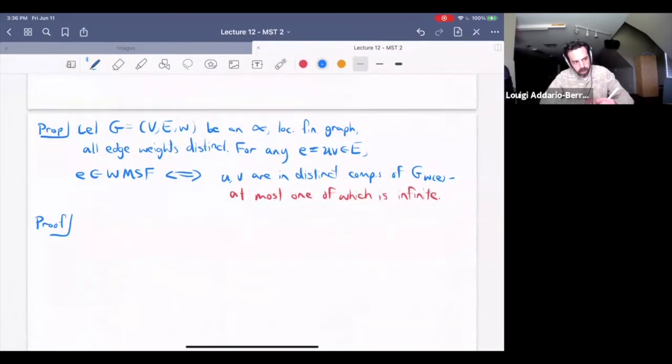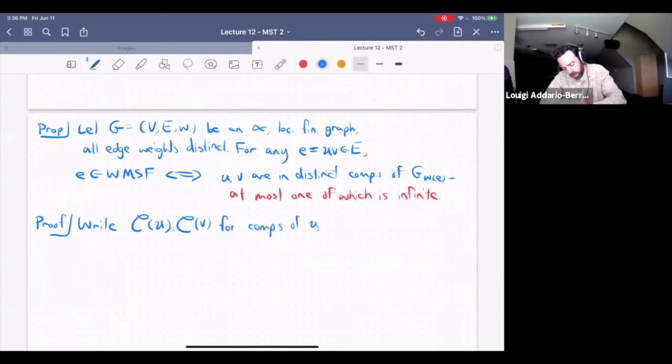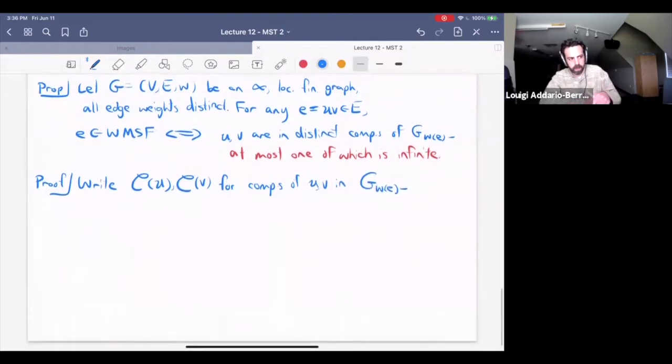Throughout the proof I'll try to make my letters look like C's and not like E's, but if they look like E's, know that they're really C's. So I'm going to write CU and CV for the components of U and V, respectively, in this graph G_{w(e)-}.